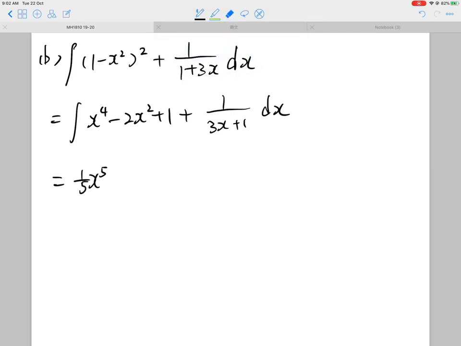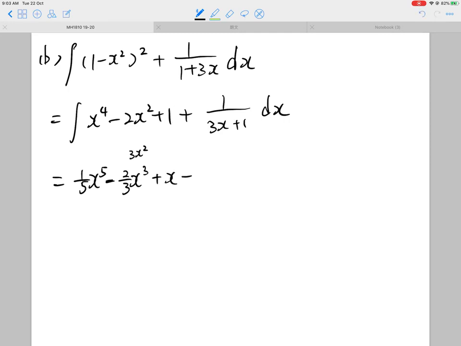Similarly, for x squared, x cubed's derivative is 3x squared. You want this 3 to be 2, so you have to multiply 2 over 3, and you want a negative sign, so you multiply by a negative. And for this part 1, the derivative of x is 1.